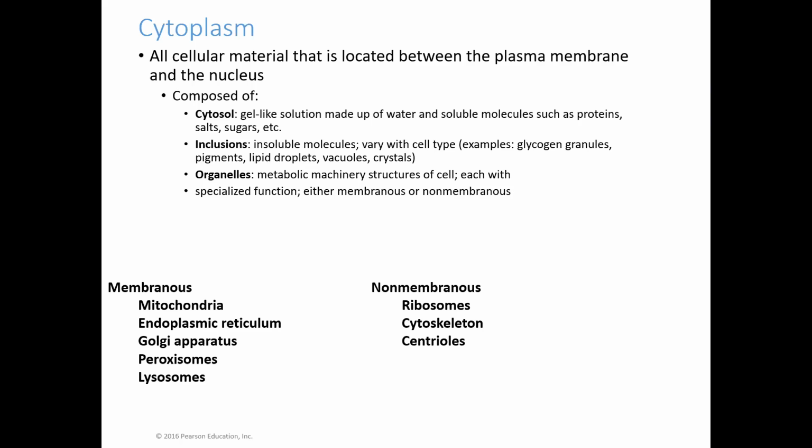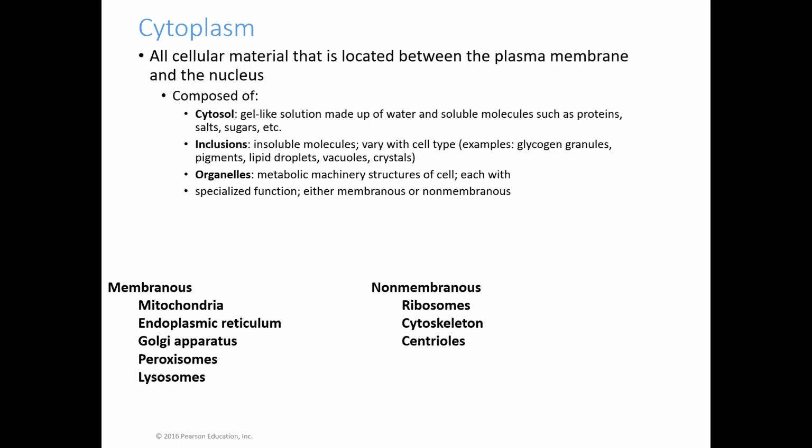There's all sorts of substances inside the cytoplasm. The organelles are going to be doing all the work for the cell, releasing energy from glucose, producing digestive enzymes, producing substances to destroy free radicals, things like this. So these organelles are very busy.